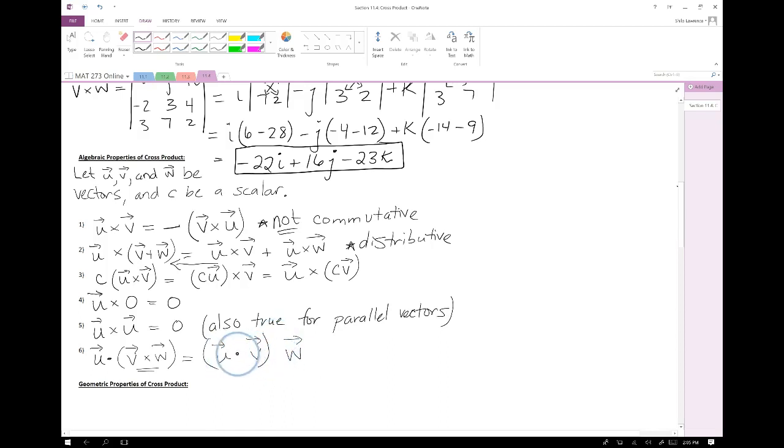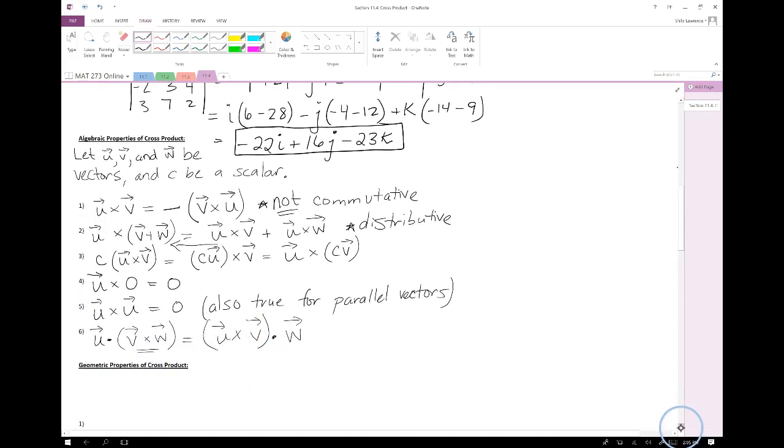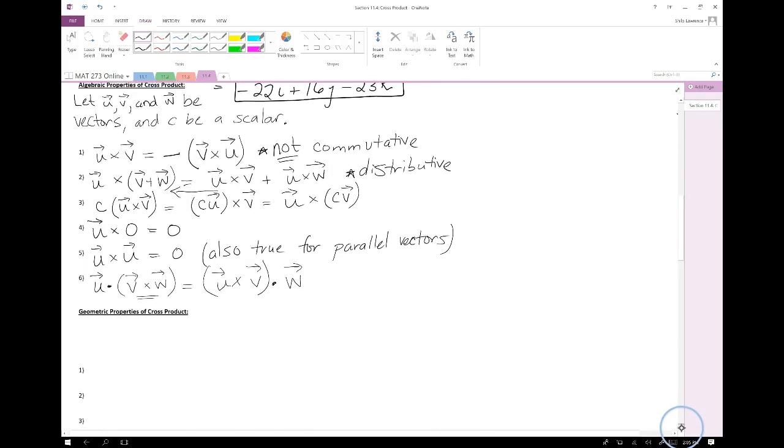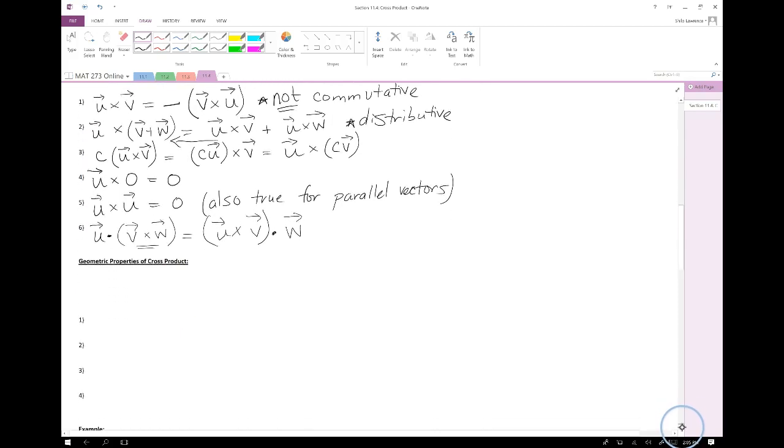So we can move the parentheses as long as we also move those operations. We have to first come up with a new vector, because the dot product must be between two vectors. So it's how we can use the associative property. We do have to be careful though with which operations we're doing and what kind of answers we get back from them.